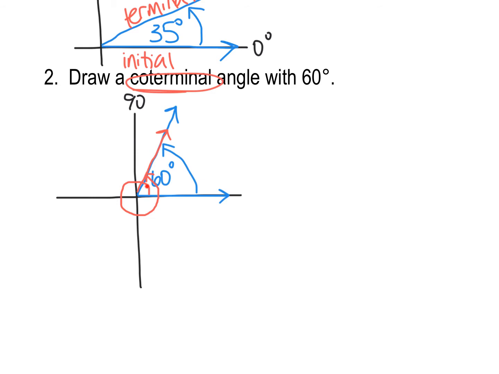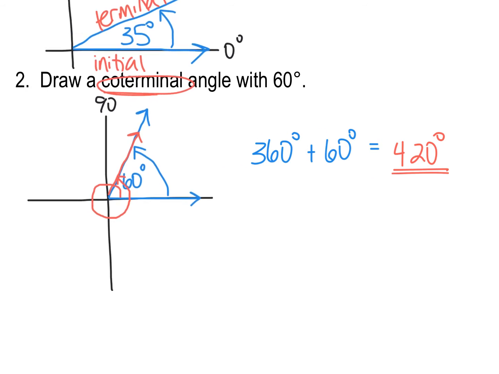So I went 360 degrees and another 60. So the math is pretty self-explanatory. 360 degrees plus another 60 degrees. That means that my red angle, which is coterminal with 60, would be 420 degrees. So that is a coterminal angle with 60 degrees. I could have gone around the circle again, another 360 degrees, and gotten another coterminal angle.